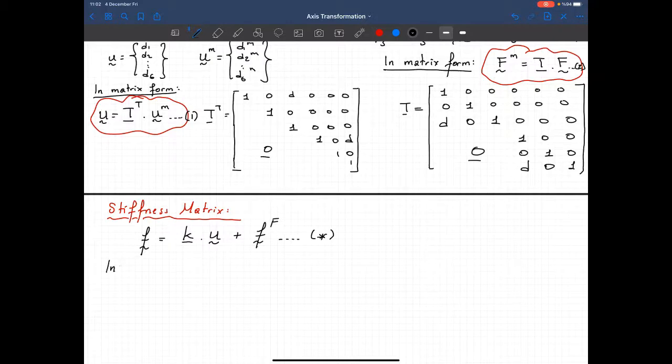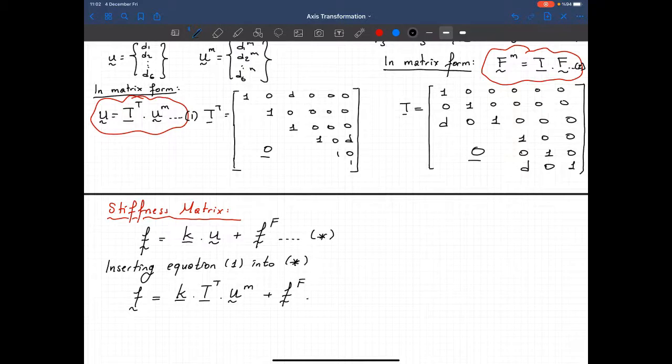Okay, so inserting equation 1 into star, I have the following equation. F is equal to element stiffness matrix multiplied by T transpose multiplied by UM plus the fixed end force vector, and let's call this new equation as equation double star.